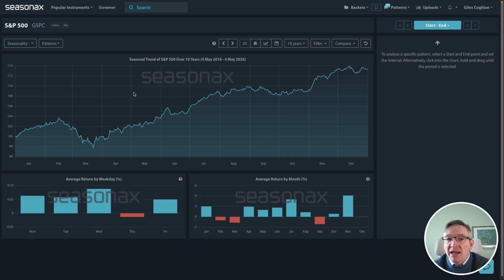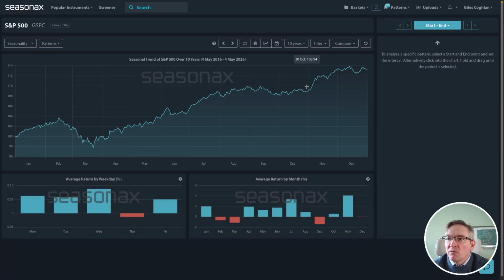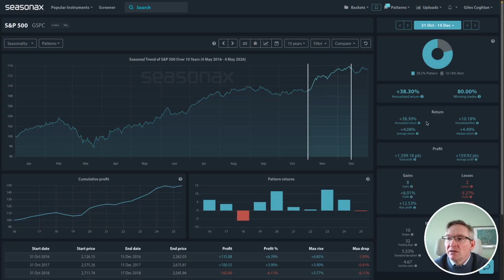You can see here the S&P 500, and you can see straight away that from the end of March into the end of July, this has historically been a very strong period for the S&P 500 with an average return of 7.82%. You can also see here from October the 31st into the first half of December, there's been an average return of 4.08% for the S&P 500.